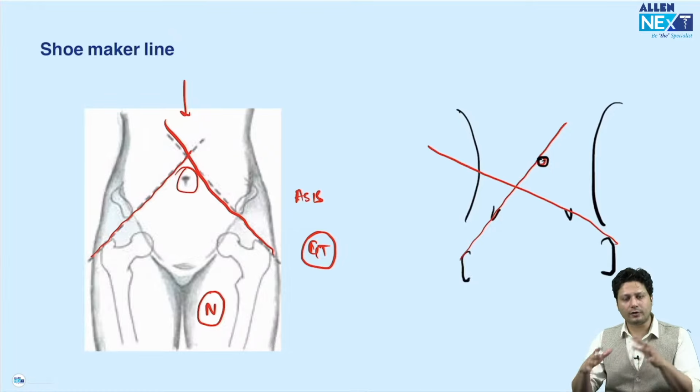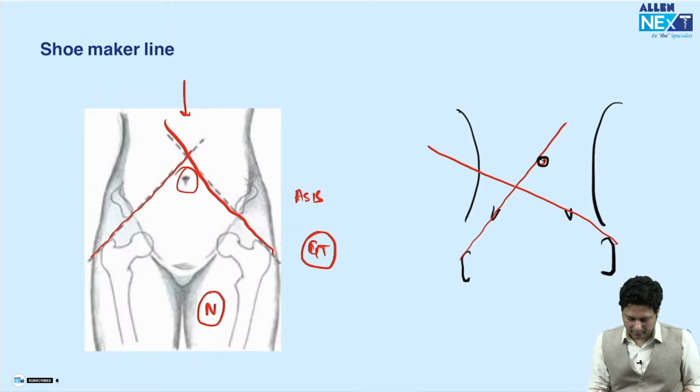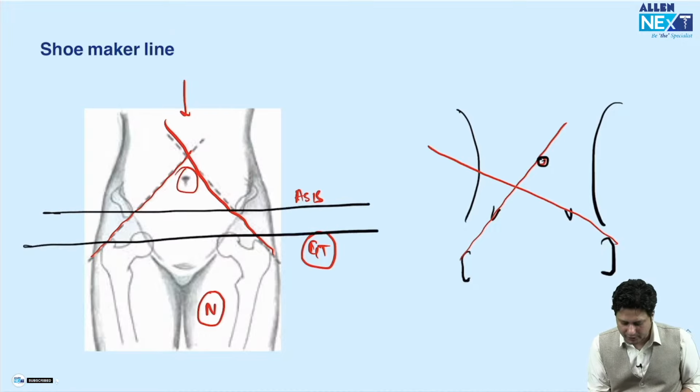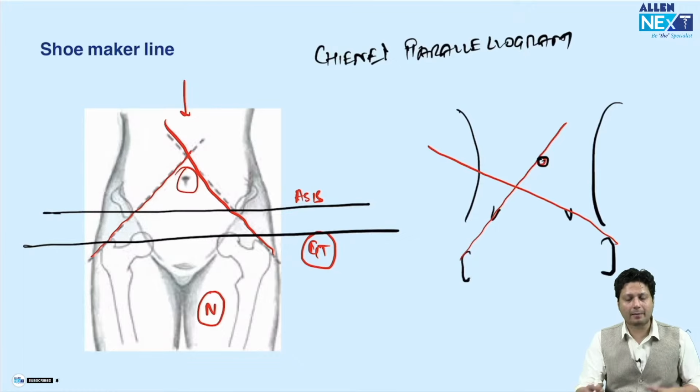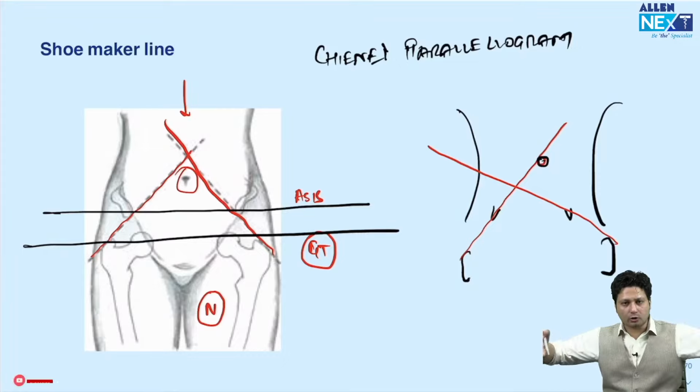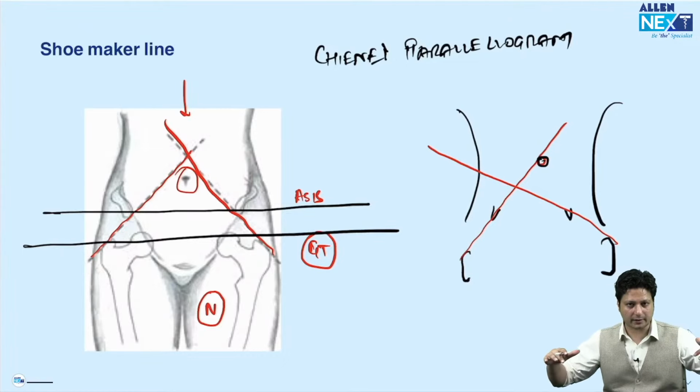There is another way of demonstrating the supratrochanteric shortening, and that way is the Shee's parallelogram. Now, what the Shee's parallelogram is, actually you draw two parallel lines, one touching the two ASIS, second touching the two tips of the greater trochanter.